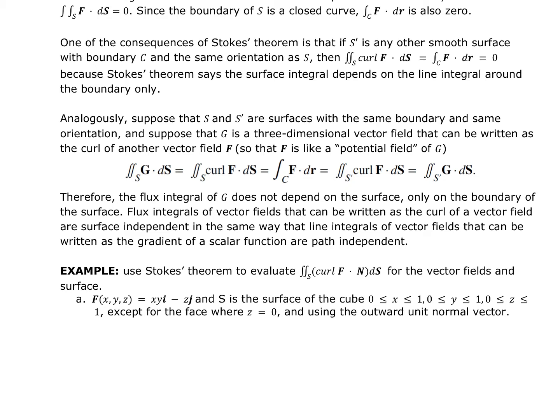Flux integrals of vector fields that can be written as the curl of a vector field are surface independent, in the same way that line integrals of vector fields that can be written as the gradient of a scalar function are path independent.